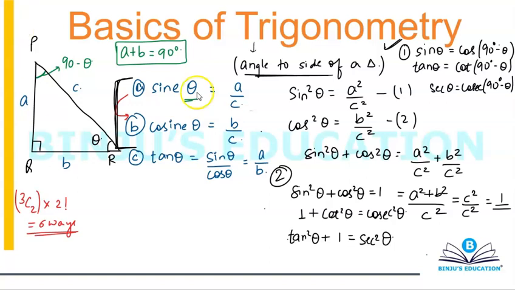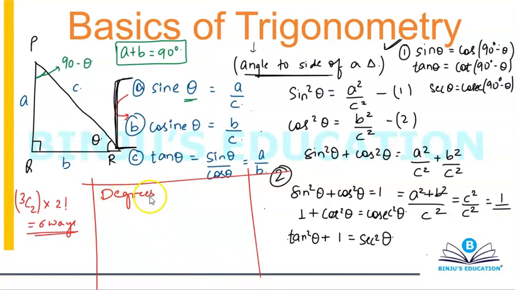Now whenever you measure angles, there are two ways in which you can measure angle. One is you can measure them in degrees, another is you can measure them in radians. Now there is a very simple relationship between the two units.